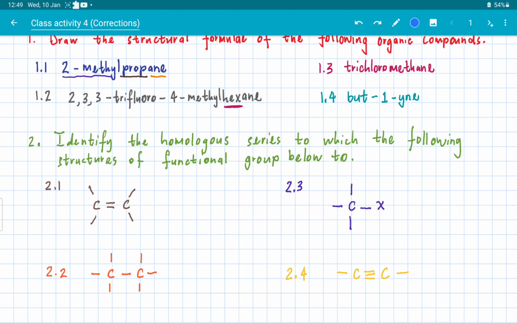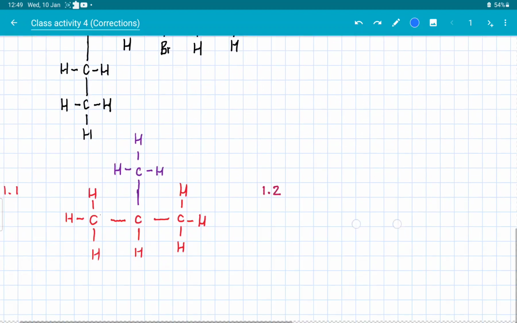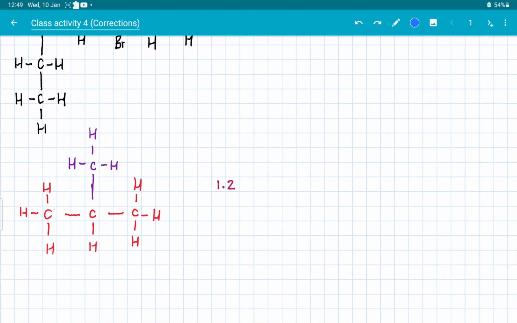So I'm going to start with that hex and place 6 carbons in the main continuous chain. That's 1, 2, 3, 4, 5, 6.